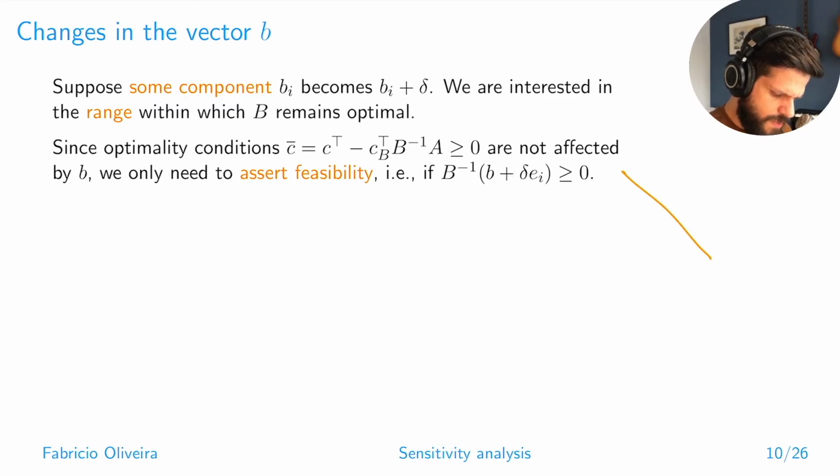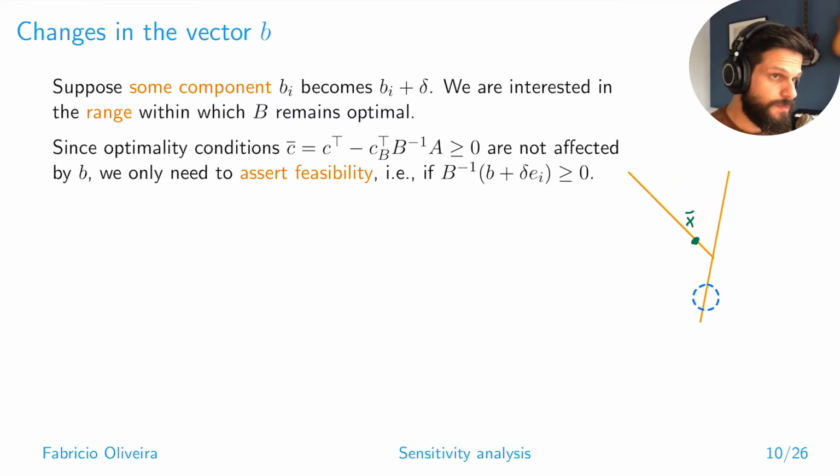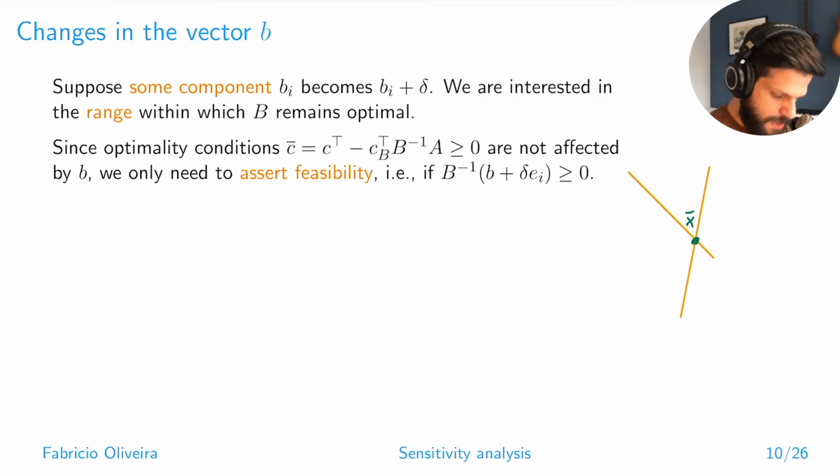The story goes like this. Say you have a constraint like that and a constraint like that, and this is your optimal point here. When you're changing b, you're just translating this. Let me draw a third constraint here for this picture to make sense.